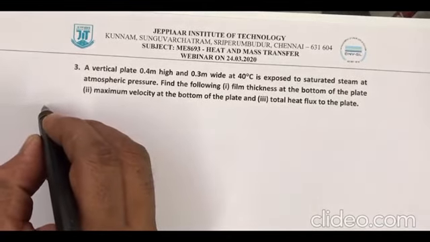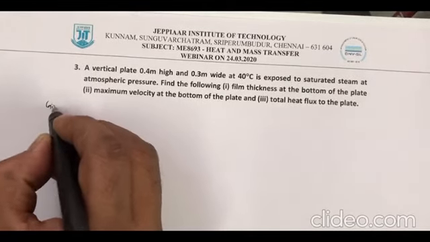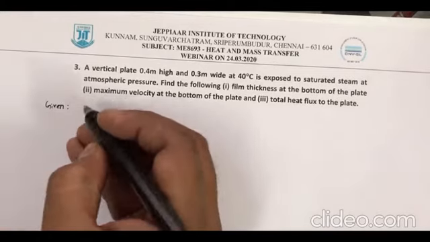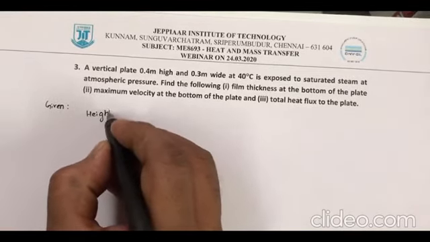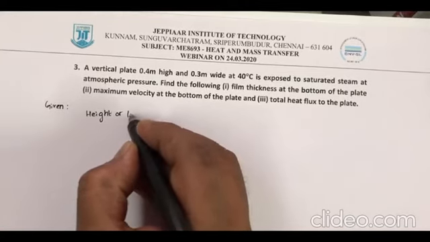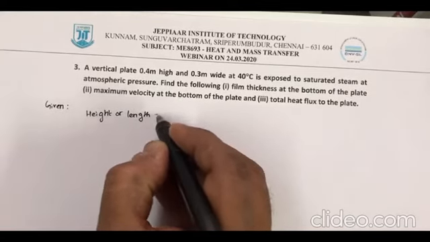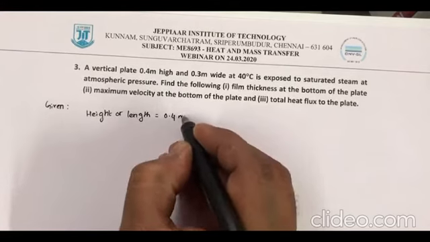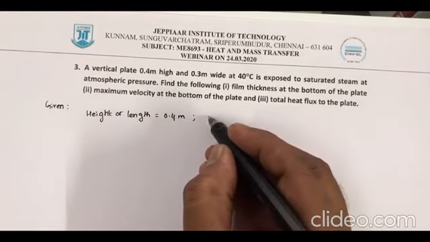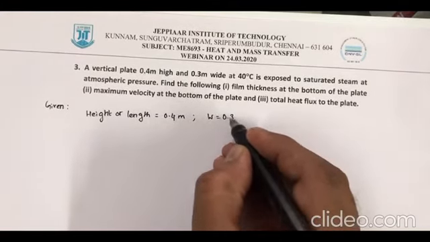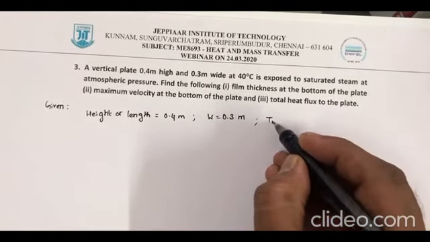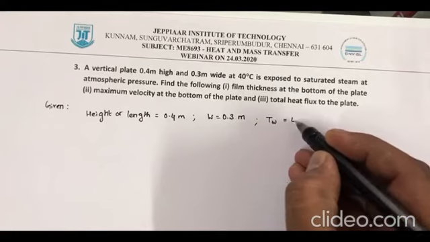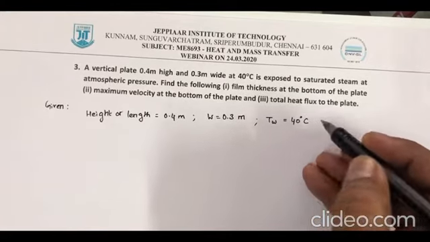So now let's write the given data first. The height or length is 0.4 meters, the width 0.3 meters, the surface temperature or the wall temperature is 40 degrees Celsius.